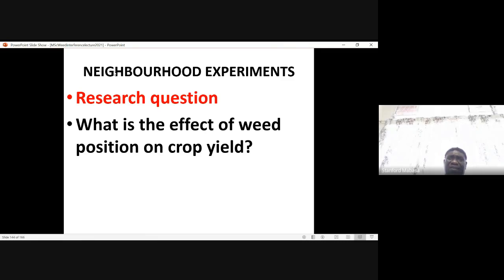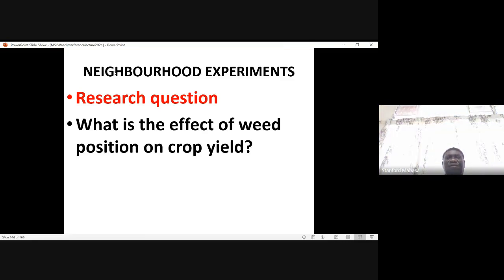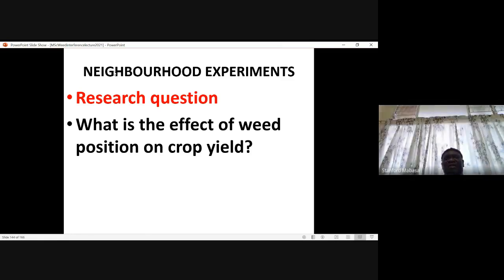Probably if you take a field where you have planted maize, there could be weeds which are growing near the crop row and some which are growing far away from the crop row. Do these weeds have the same impacts on the maize crop? Probably this can be solved by neighborhood experiments.